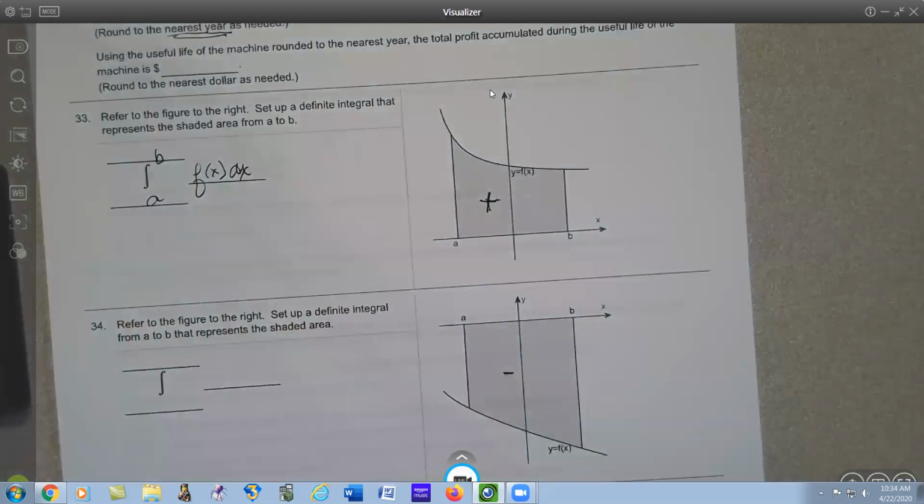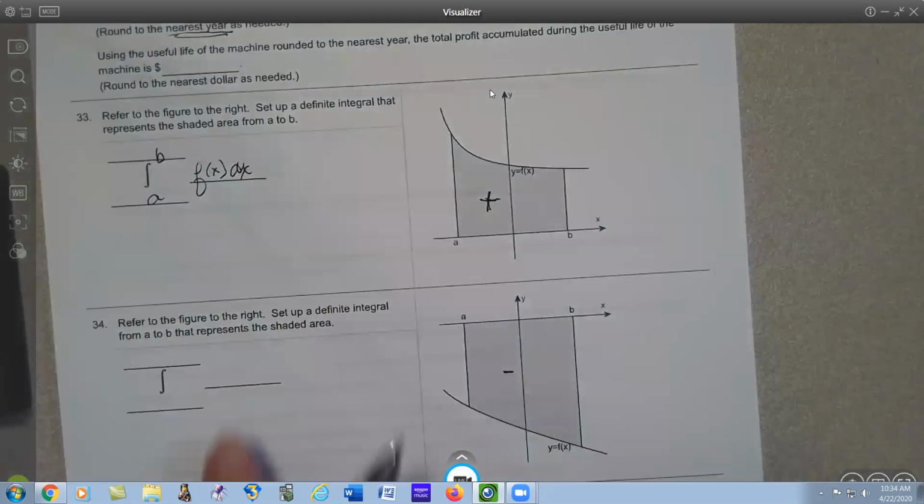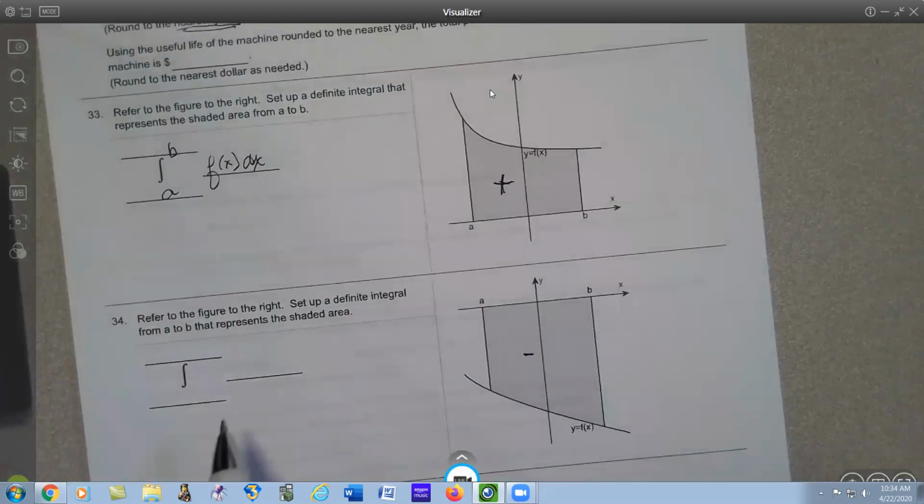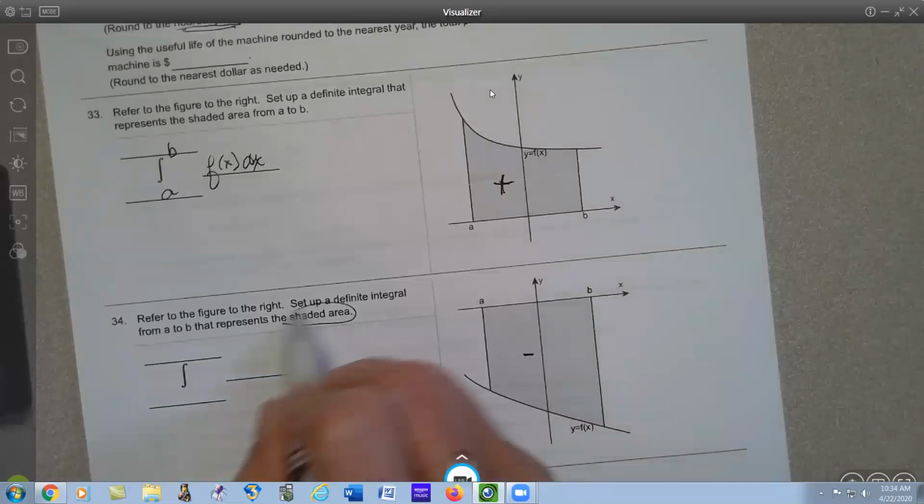Now this one down here, there's a couple of ways actually. You could use absolute value around the whole thing. You could do a minus in front because they want to find something to represent the shaded area. Now, let me ask you this. What if I did this?